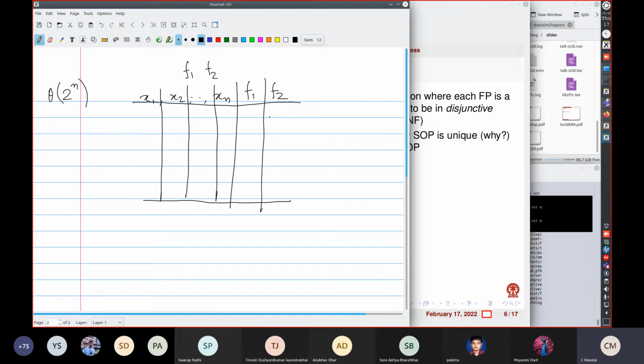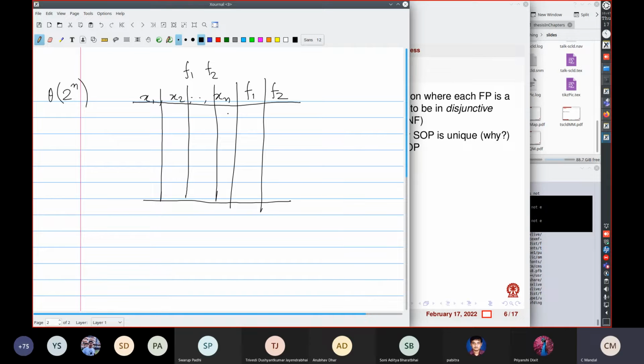In fact, it's not very easy to compute the two functions. This requires you to evaluate these two functions. Can you do it without evaluating the functions?